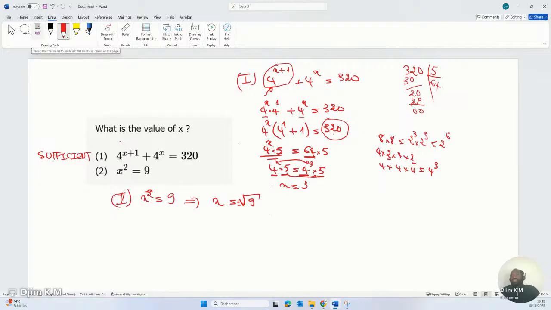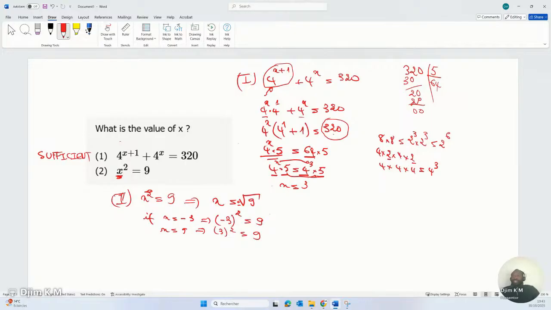Because, let's say, for example, if x is minus 3, then we have minus 3 squared is equal to 9. If x is equal to 3, we have 3 squared is equal to 9. So nothing in the question or in the prompt tells us that x is positive or x is negative.